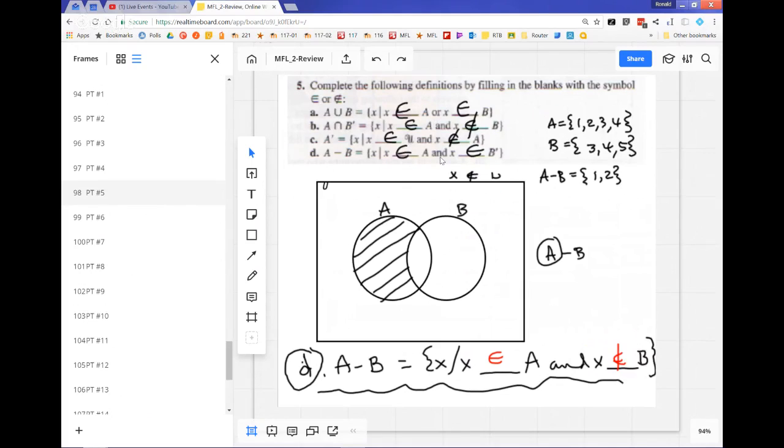Oh yeah, I think it's because of the word and. Yep. Okay, because and means what? Intersection. So, first of all, you see my answer is an element, is an element. If we take everything in A, where does that overlap with everything outside of B?